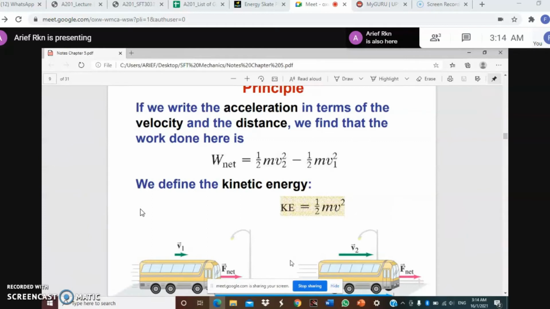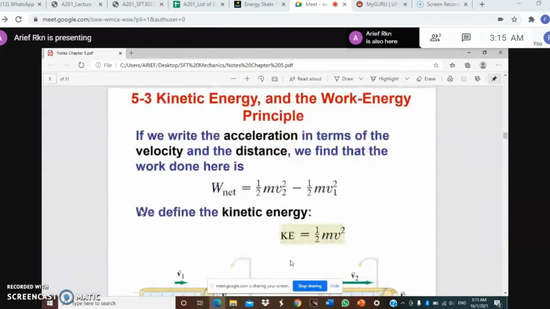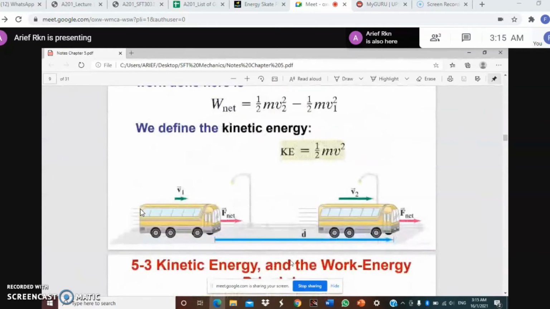Kinetic energy is defined as KE equals half m v squared, where m is the mass and v is the speed that we got. So kinetic energy is directly proportional to the mass and velocity, so if we increase the mass or the speed, kinetic energy will increase.